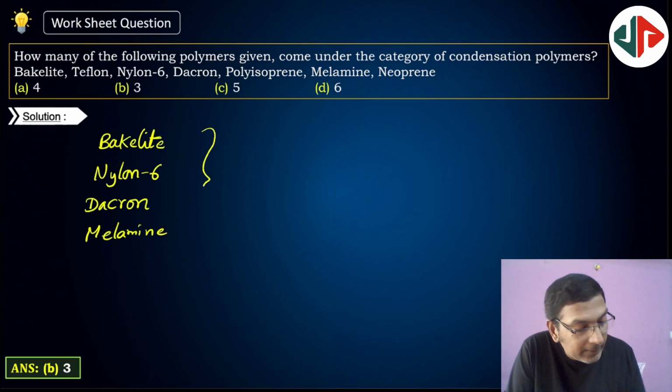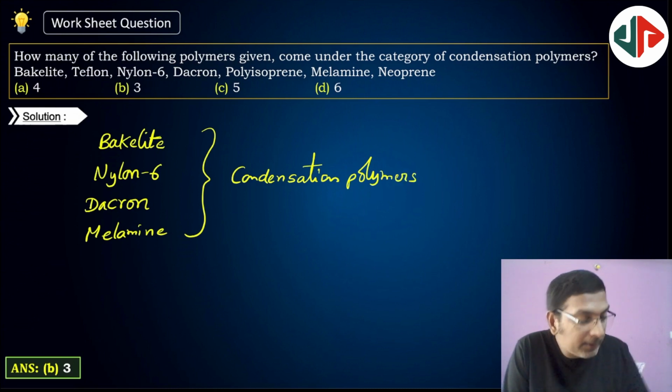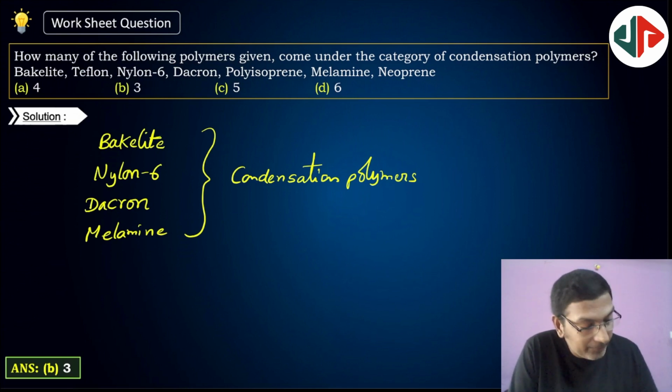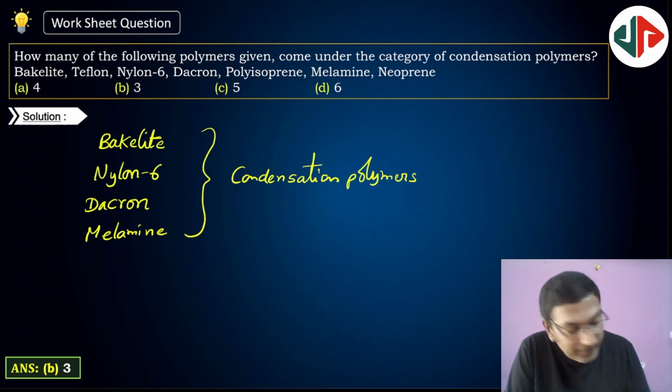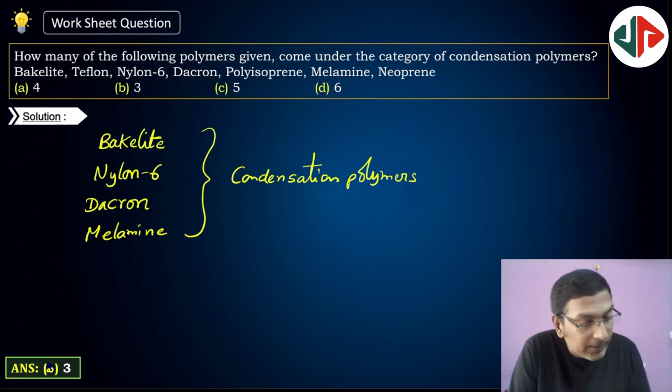So all these are condensation polymers, due to functional groups. Functional groups are present in these monomers. So therefore answer 4 should be there. 4 means option A. Answer 4.